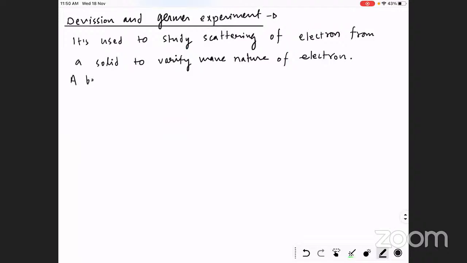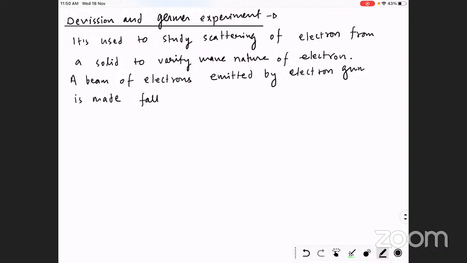Now write: a beam of electrons emitted by an electron gun is made to fall on a nickel crystal cut along the cubical axis.